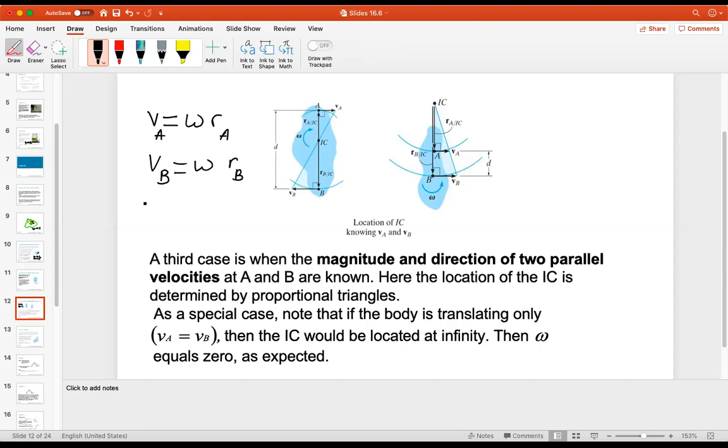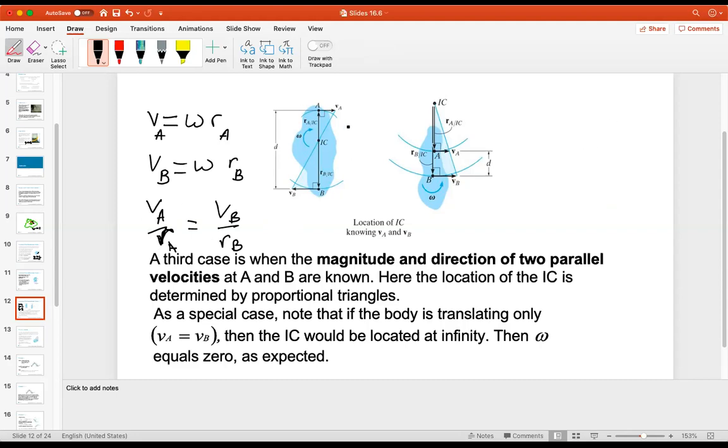And if you turn it around and think of this as VA over RA, that has to equal VB over RB. This was a radius, which means that you can think about similar triangles.